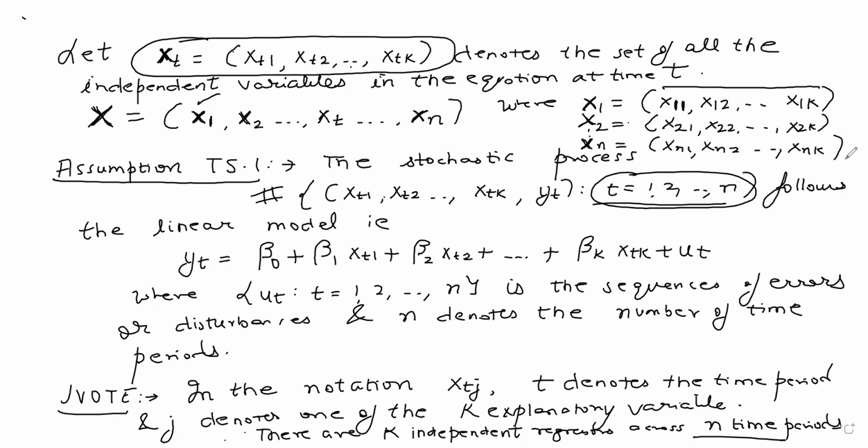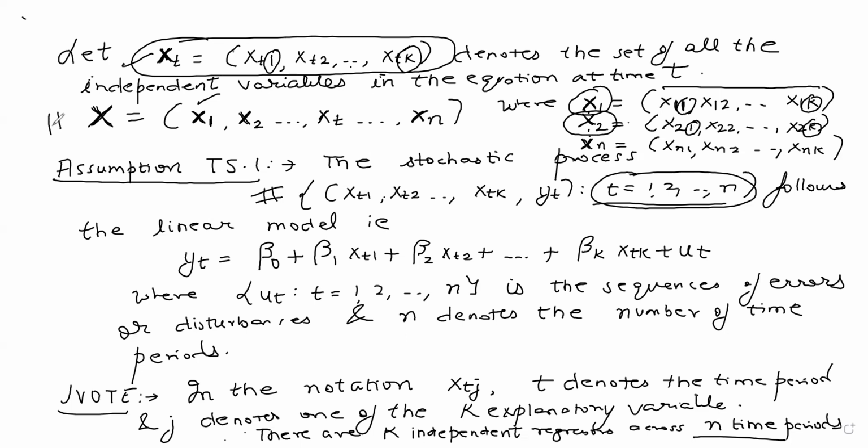So students in the advanced econometrics course should also start getting comfortable with the vector notations. xt is the vector at time period t, which consists of the set of all possible regressors from 1 to k at time period t. x1 is the vector in time period 1, which consists of the set of all possible regressors from 1 to k in time period 1. x2 is the set of all possible regressors from 1 to k in time period 2, and so on.